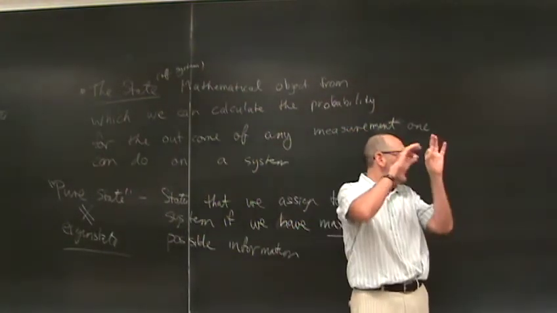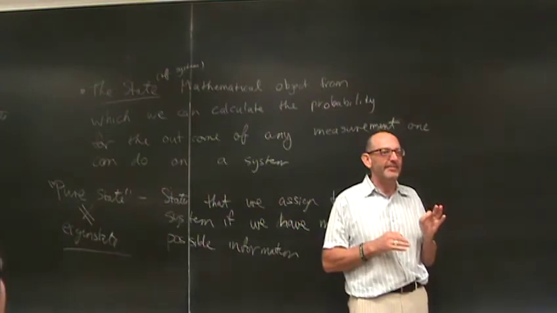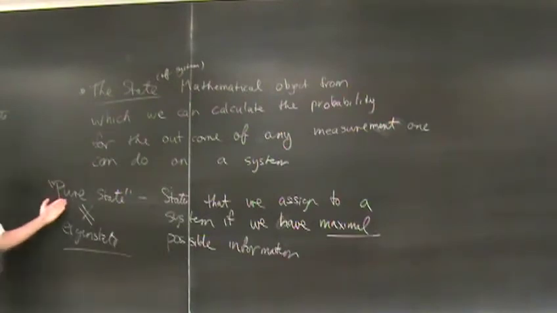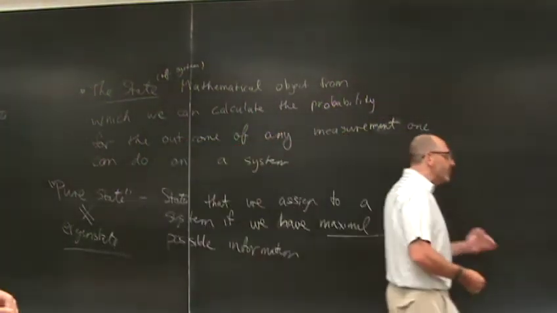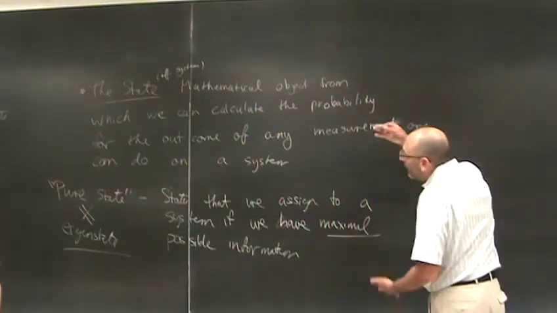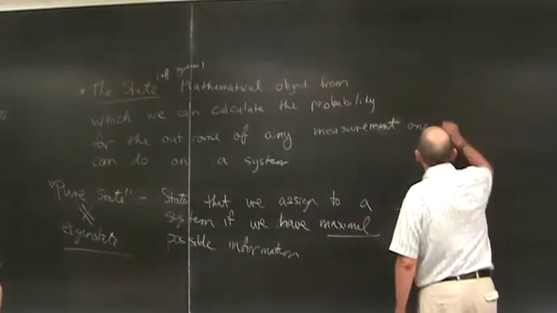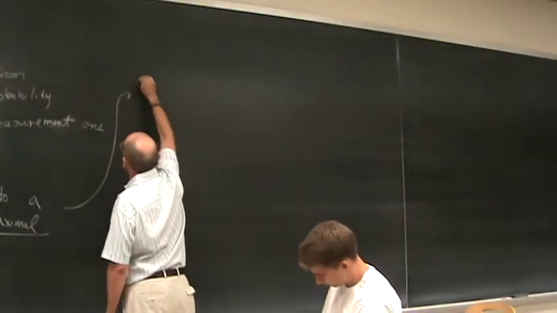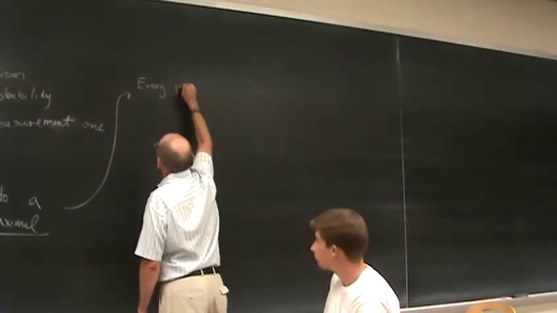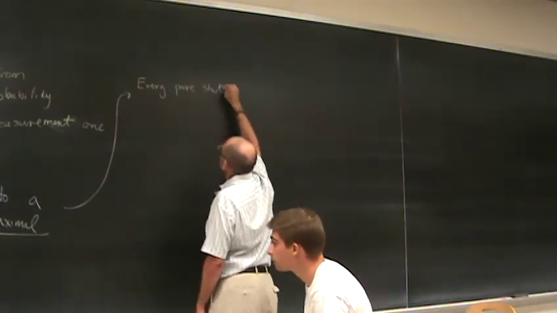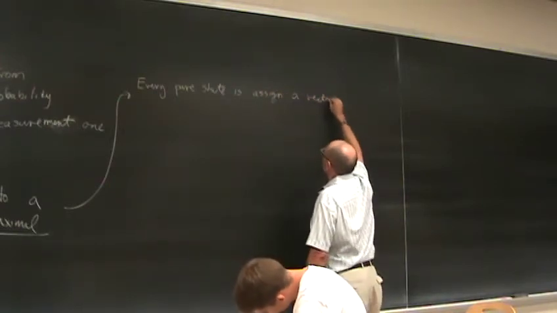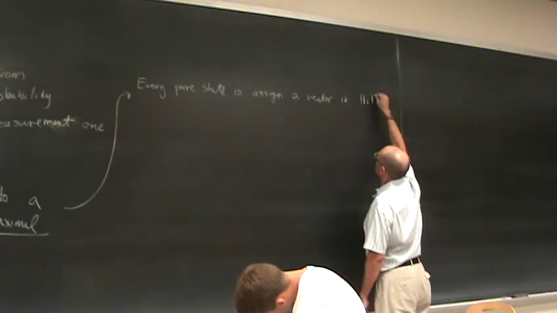If I don't know where it is, of course, it's some uncertain bubble in phase space. But a pure state is the equivalent in quantum mechanics of a point in phase space. And if the state is prepared in a pure state, then the structure of quantum mechanics says that to every pure state is assigned a vector in Hilbert space.